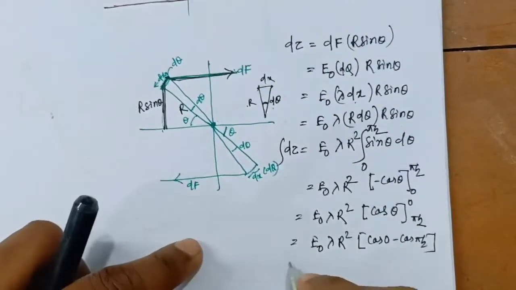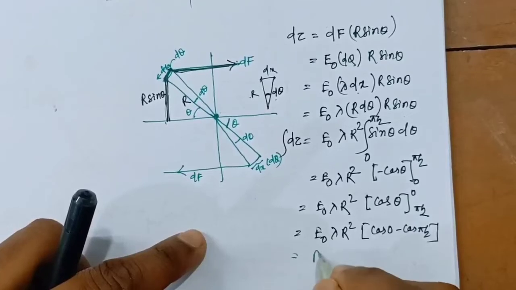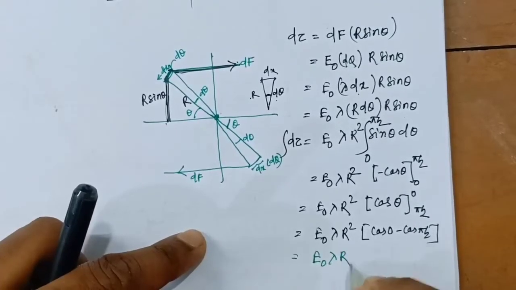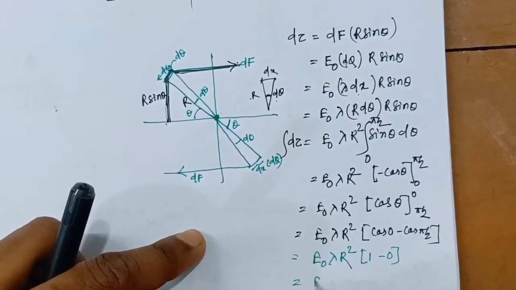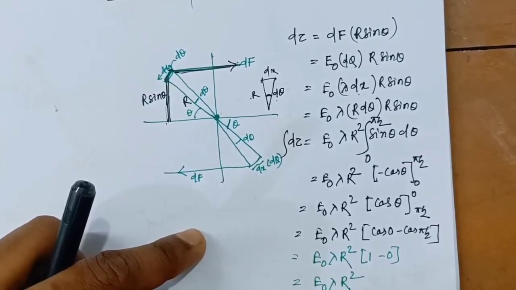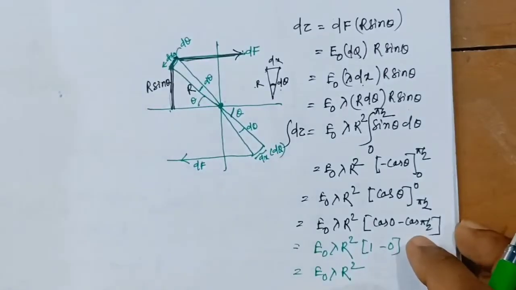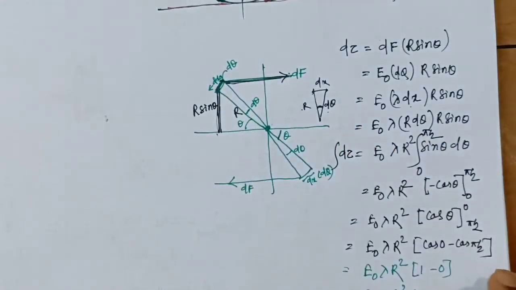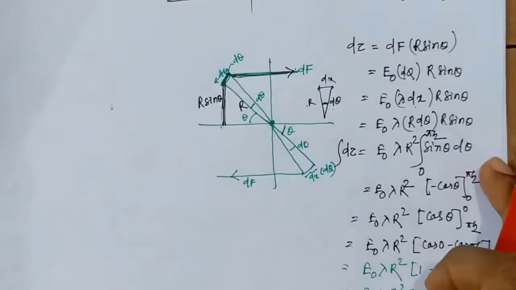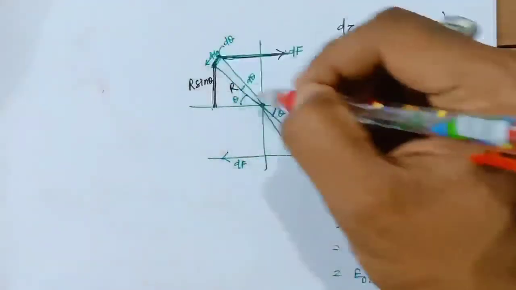What expression is coming? E naught lambda r square, where cos 0 is 1 and cos pi by 2 is 0. So the expression is E naught lambda r square. I hope this derivation of the integration is very common; a student must follow these things. This is the torque in the upper half section.